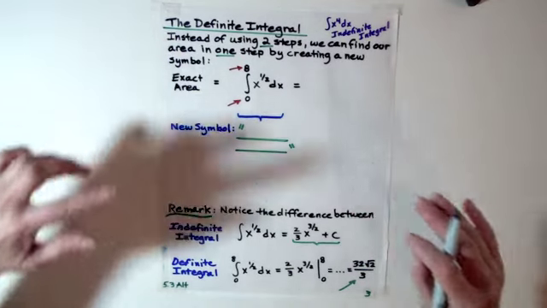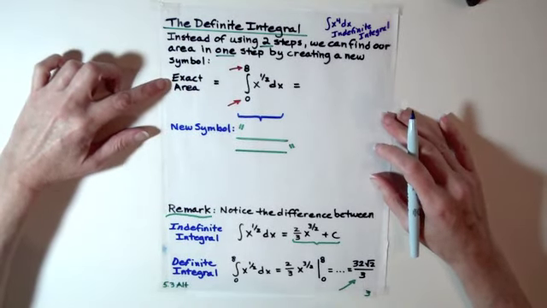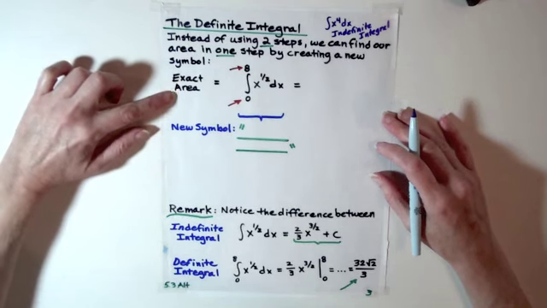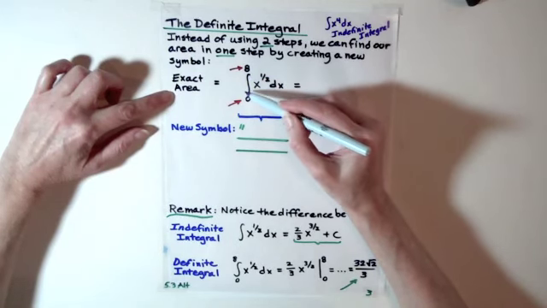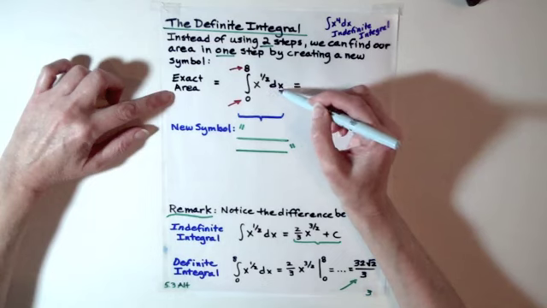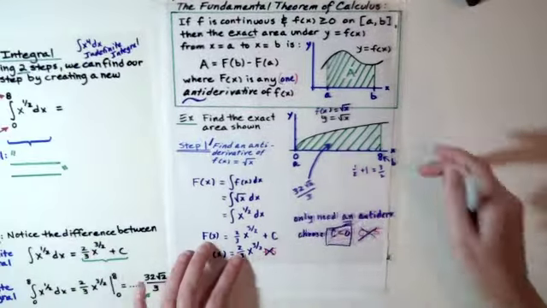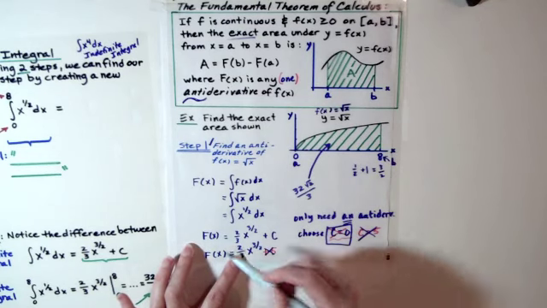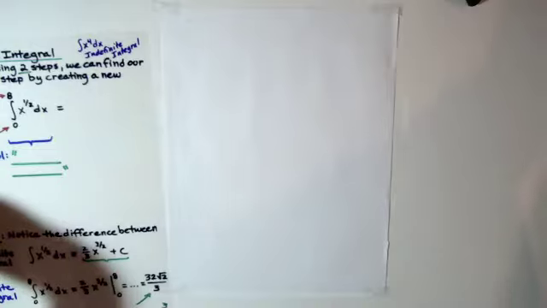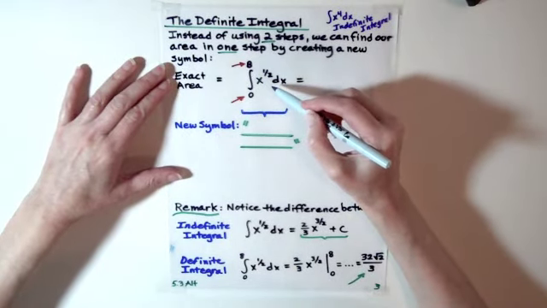What we like to do is to do it all in one step by creating a new symbol. So the exact area, that's what we were looking for, and we write this symbol. You notice it has an integral of x to the 1/2 dx. Remember that in our step 1 was to find the integral of x to the 1/2 dx, so that we could find our capital F of x. So we borrow that symbol, the indefinite integral symbol, because we have to find an antiderivative of x to the 1/2.